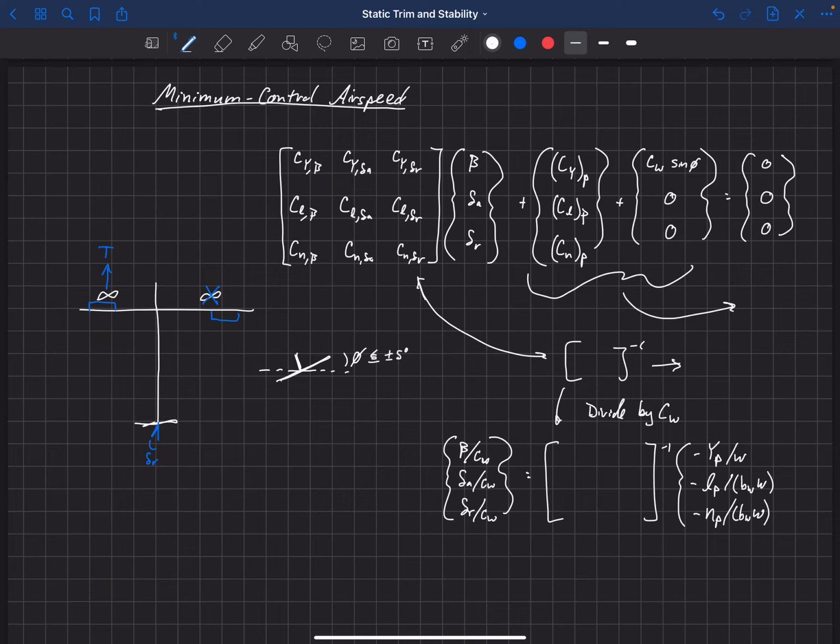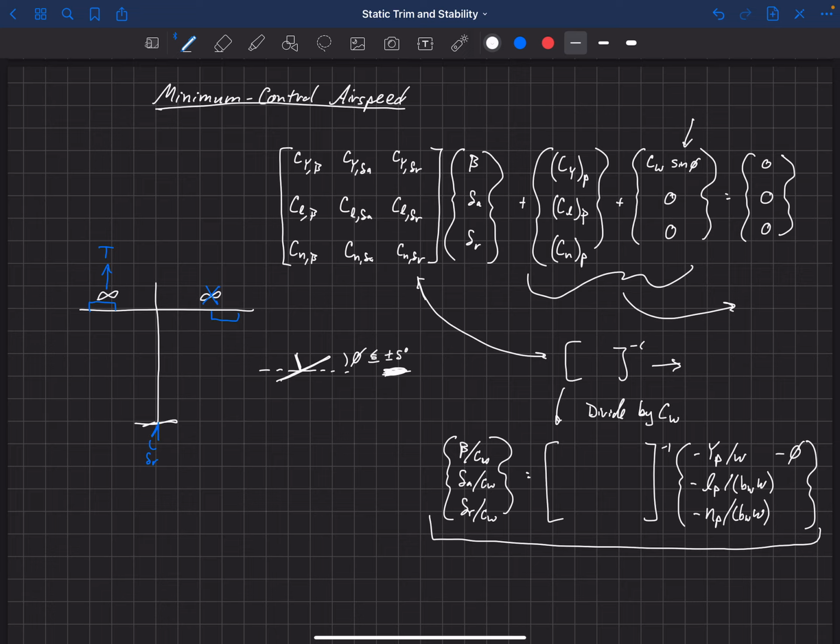And then we also have a minus phi. Now, we used to have a sine phi here. I'm using the small angle approximation because we're going to assume that we're limited to plus or minus 5 degrees, okay? So I'm just going to use a small angle approximation over there. And so this is my final set of equations now that I'm going to use to compute the minimum control airspeed.